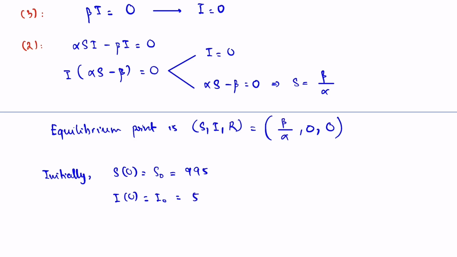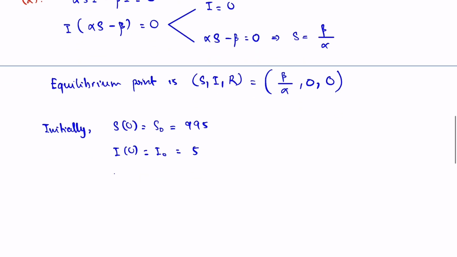So there are 5 people originally infected by the disease, and there's no recovery at this point of consideration. So the total number of the population in this community is 1,000. Again, this is a closed system, right? We don't want anyone to enter or leave the community. So N is equal to 1,000.